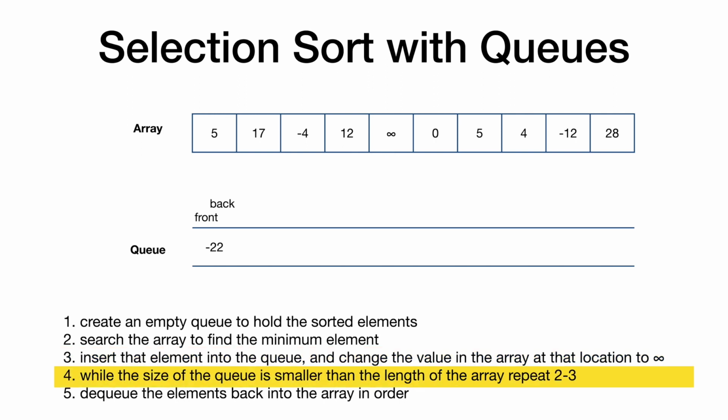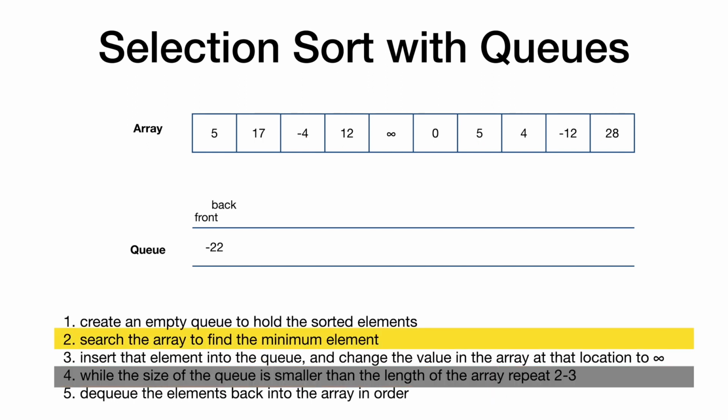And then we get here in our queue. So the size of the queue here is 3, and it is smaller than the length of the array, which is 1, 2, 3, 4, 5, 6, 7, 8, 9, 10. 3 is less than 10, so we're going to go back to step 2.